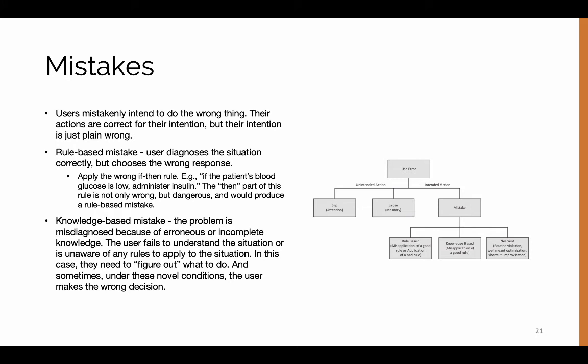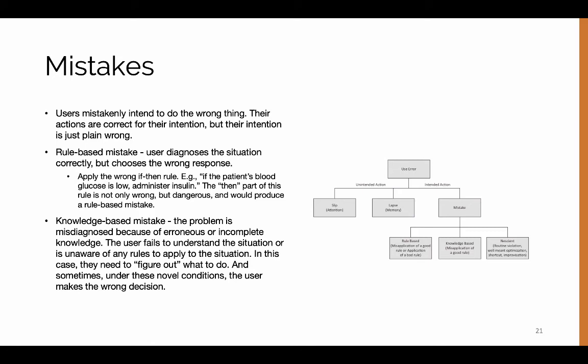So I'll give you an example. Imagine that you have a continuous glucose monitor, and you thought that when your glucose is low, you were supposed to administer insulin. Now that's exactly the opposite of what you're supposed to be doing.